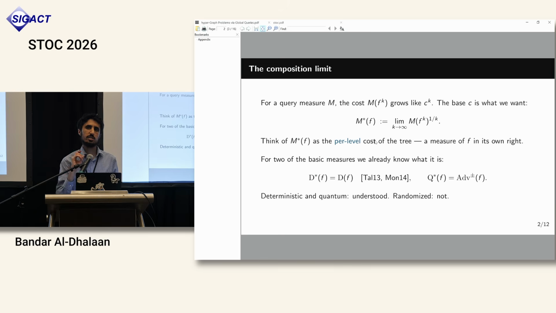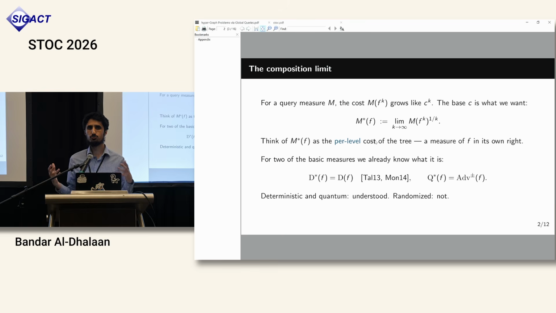And that base c is what's interesting to us because it describes, at each level of recursion, how much is the blowup. And we can define this formally with m star, which we call the composition limit. M star of f is the limit as k goes to infinity of m of f to the k, to the 1 over k. And this 1 over k sort of normalizes this exponential blowup and lets us take out the base of the exponent.